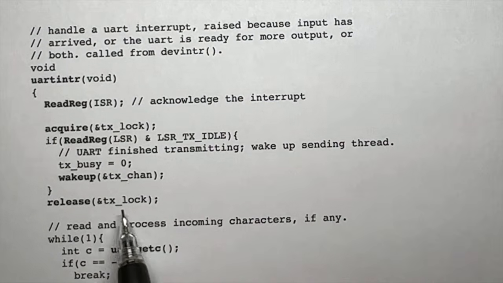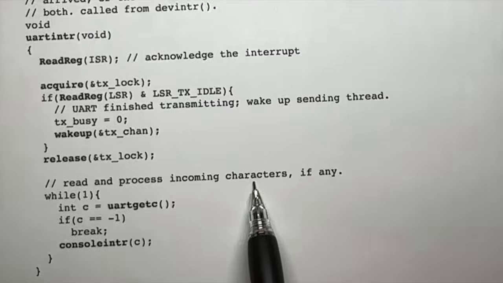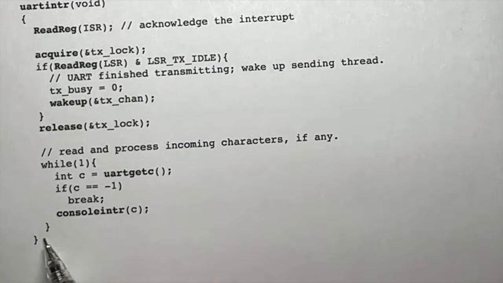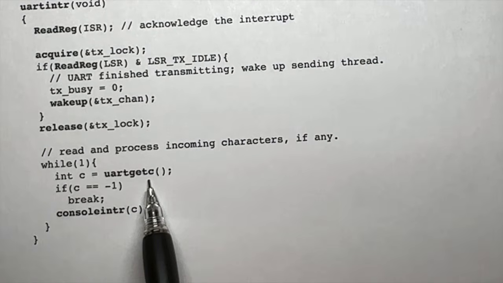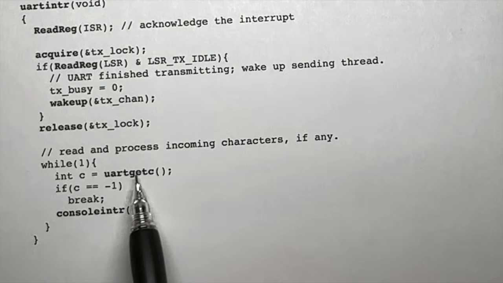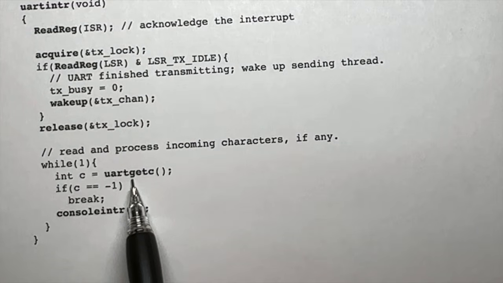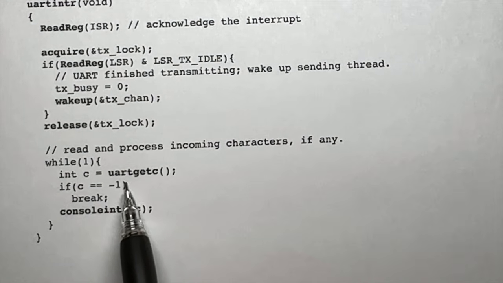After dealing with the transmit side, we turn our attention to the receive side and process any incoming bytes from the keyboard. This loop calls UART getc repeatedly. Each call retrieves and returns the next received byte. If there is no byte on the input, that is, if the user has not pressed a key and we've already retrieved every byte that came in previously, then UART getc will return -1.